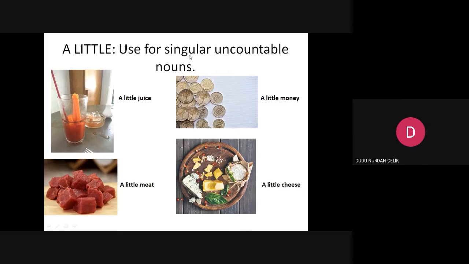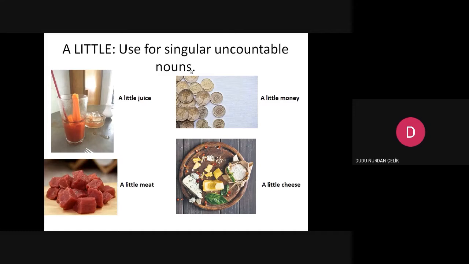I said a little cannot be used with countable nouns. But why? Let's remember some countable nouns. For example, chair. When we say a little chair, a little here means small. It means small and it's not a quantifier anymore.